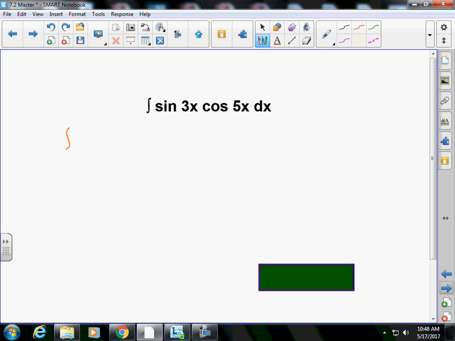So this says I have 1/2, it's similar to the form of 1/2 sine a minus b plus 1/2 sine a plus b, right? And if I have that, a is equal to 3x, b is equal to 5x.